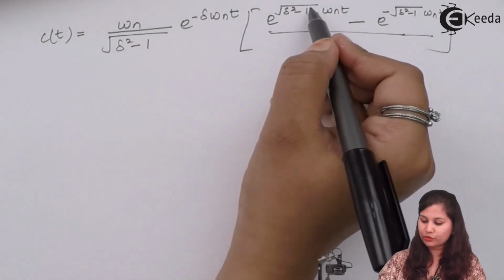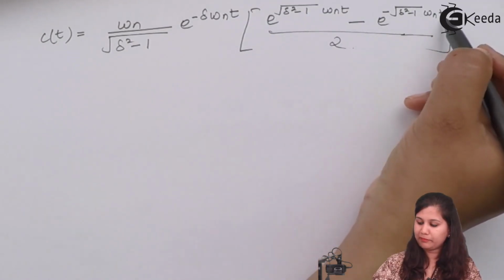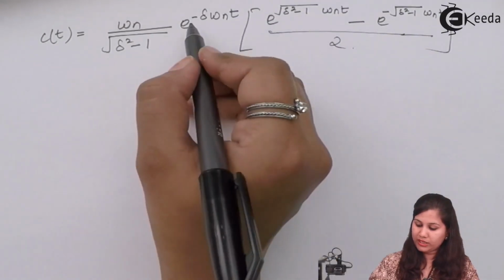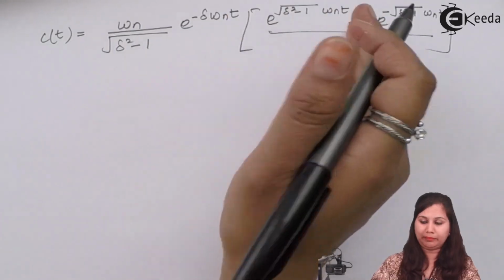So we have written e raised to the power x minus e raised to the power minus x by 2. Now this e and e can be multiplied inside.